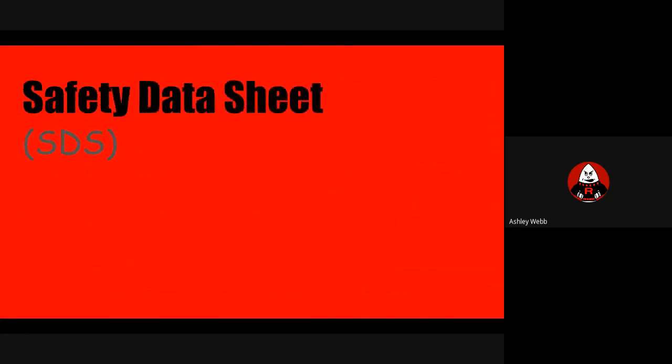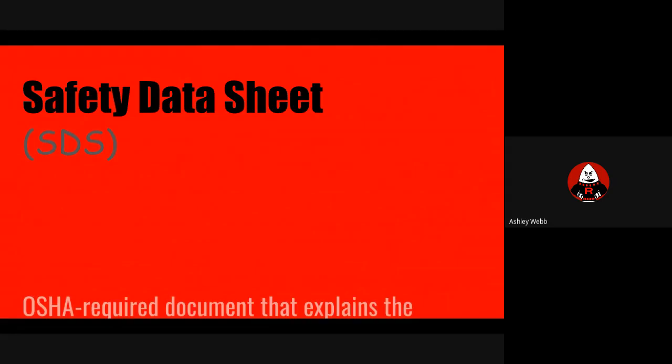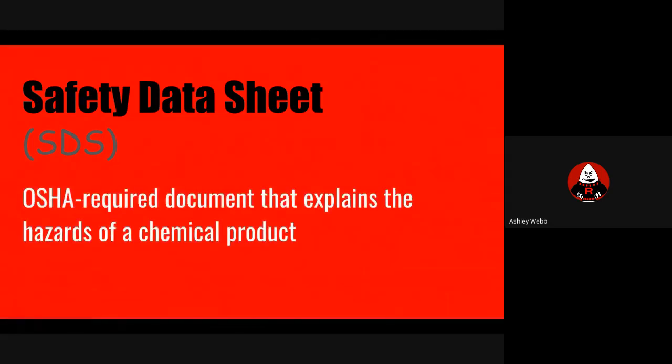Safety data sheet. Very long time ago, this was one of my jobs, was to manage the safety data sheets when I first worked at the hospital. It's an OSHA required document that explains the hazards of a chemical product. I challenge each of you to go into your cupboards and find the information that outlines the hazards of some sort of chemical product in your house.